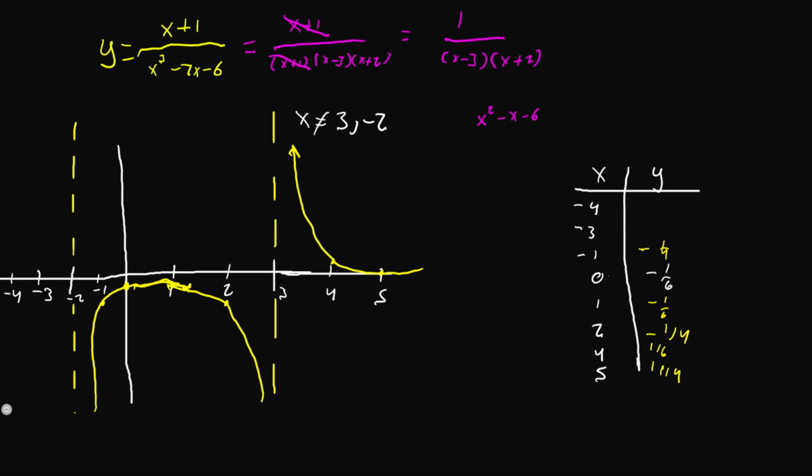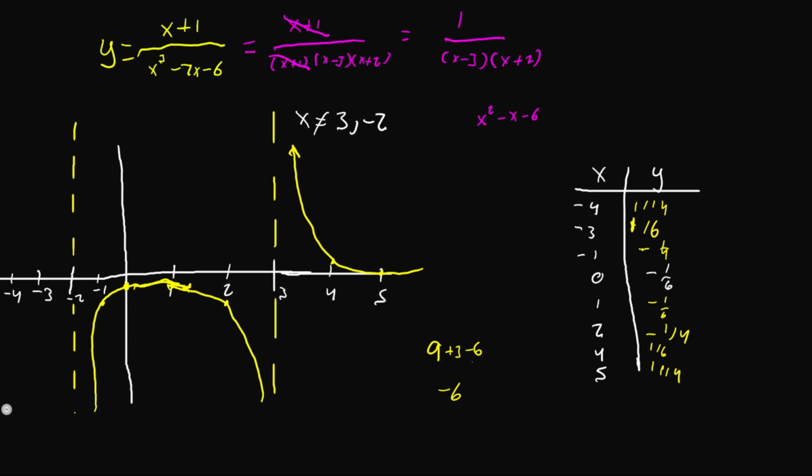So we could go ahead and just copy the same points, positive 1 over 6, 1 over 6, and 1 over 14. Let's go ahead and verify -3 first, see if it is positive 1 over 6. So we have 9 plus 3 minus 6. That is going to be -6.